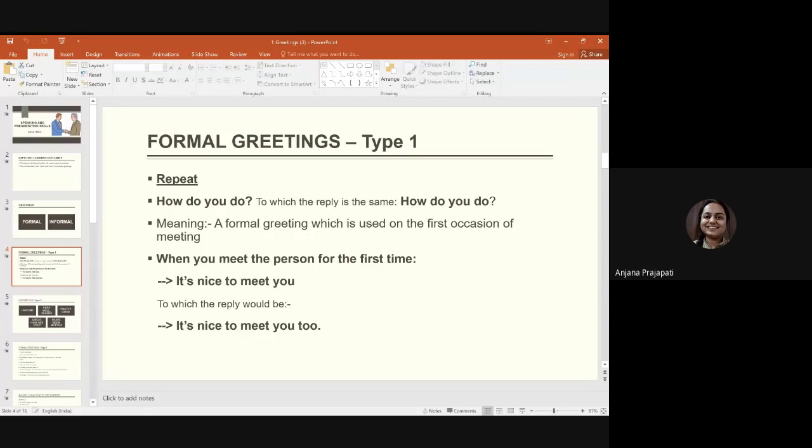Are you able to see the PPT? Yes. So when somebody tells you "How do you do?", what is the reply? Oh, are you able to see the PPT? Read the PPT and let me know.